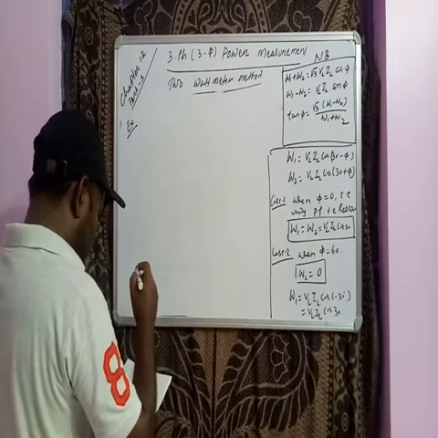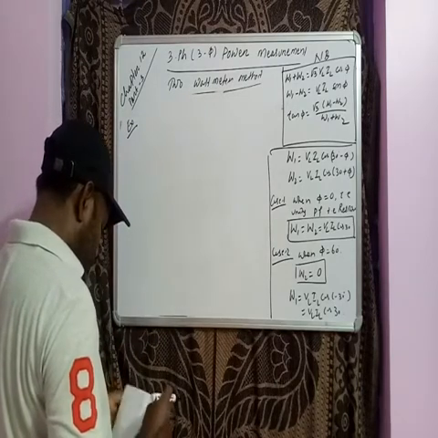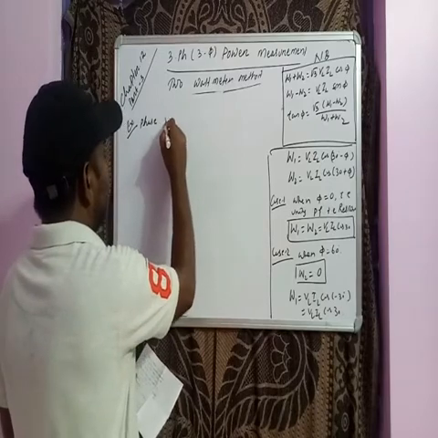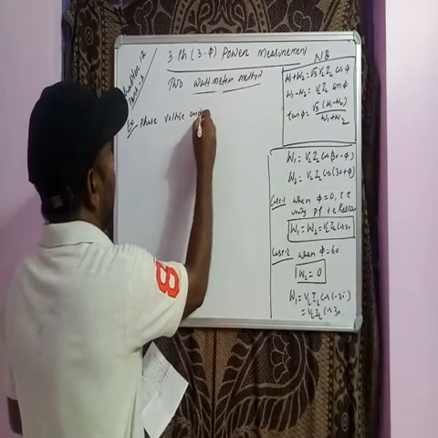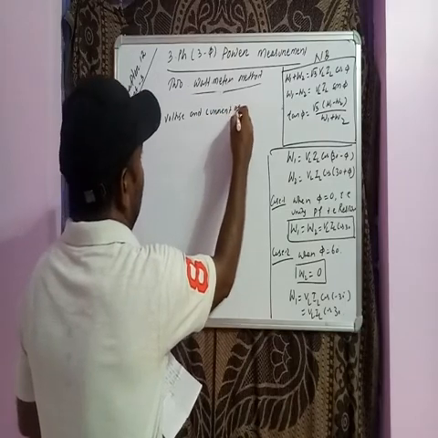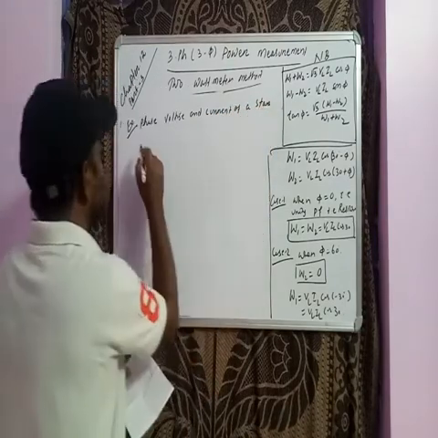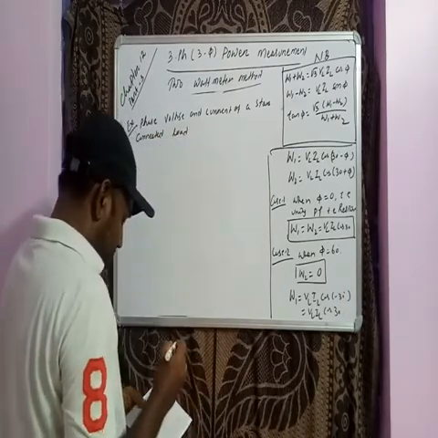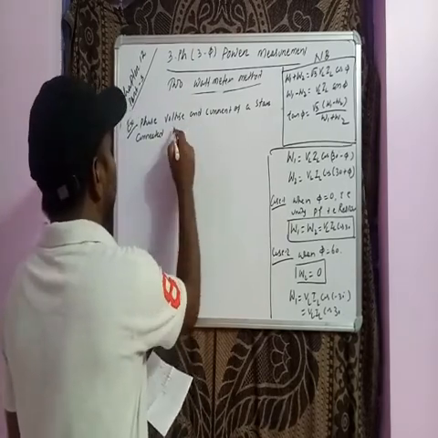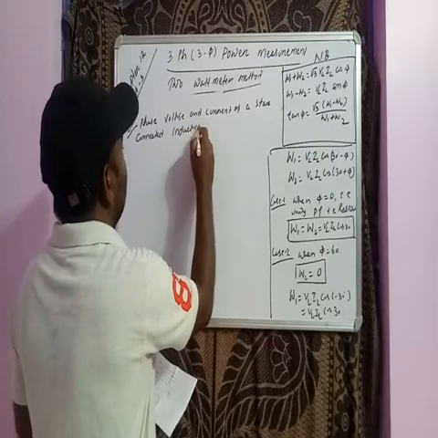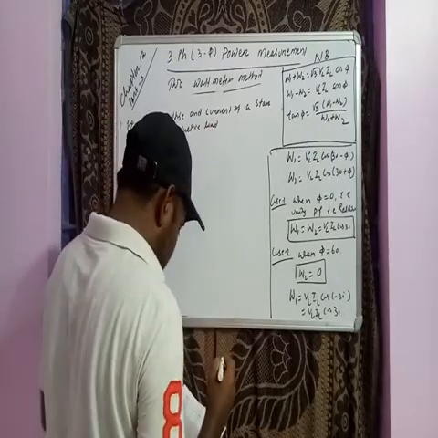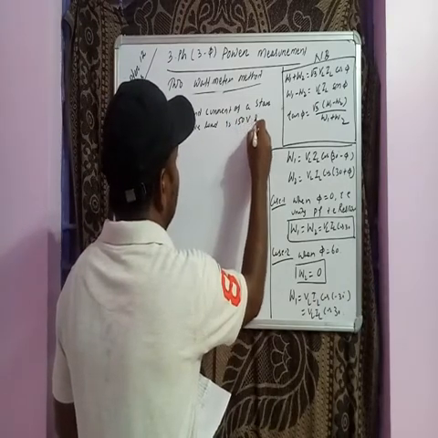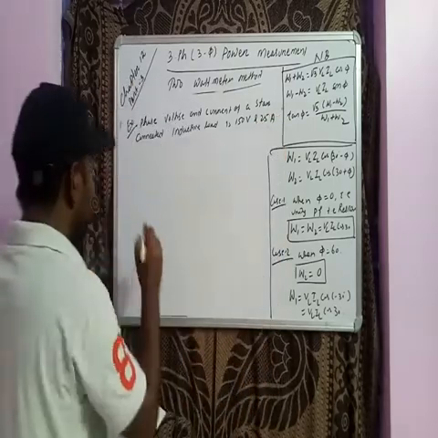Phase voltage and current of a star connected inductive load is 150 volt and 25 ampere, right?